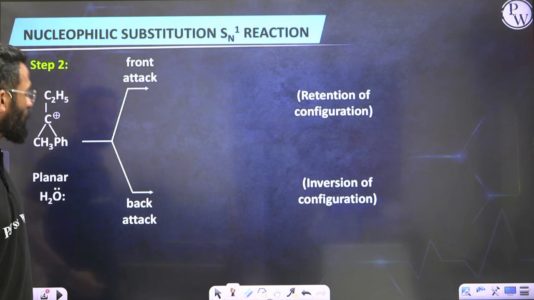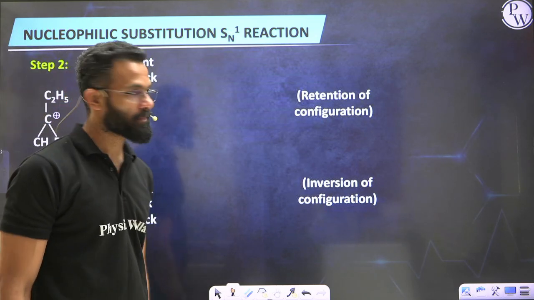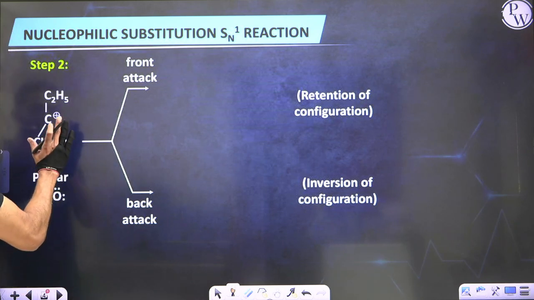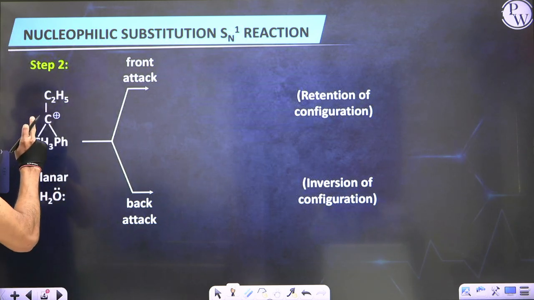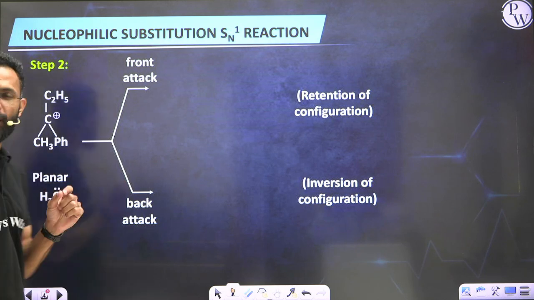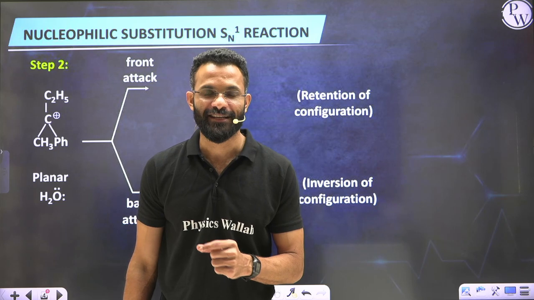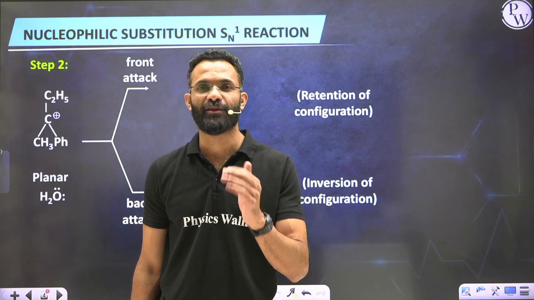So guys, that was all about our step number 1. Now see what happens in step number 2. Once we get a stable carbocation, we must understand the carbon is in an sp2 hybridized state. Because carbon is sp2 hybridized, its geometry is going to be trigonal planar.